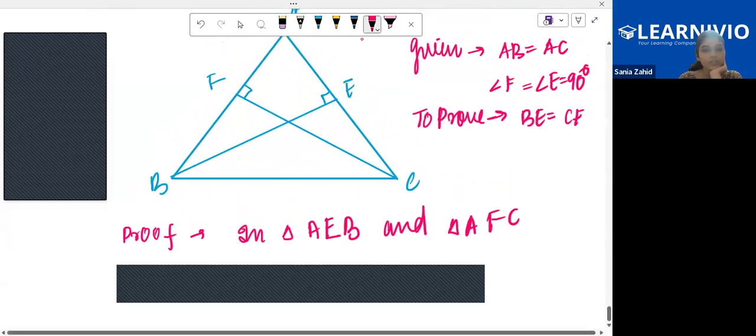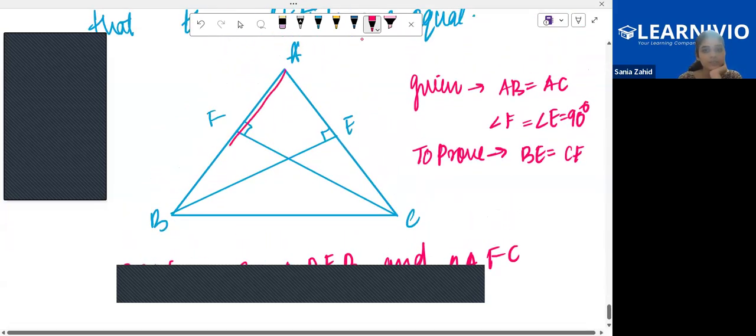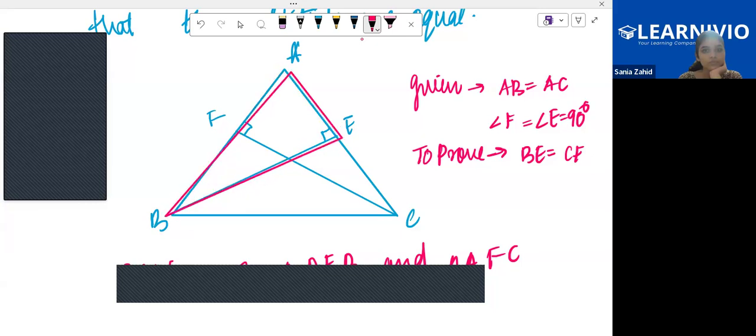Okay, so you have taken basically this triangle and this triangle.